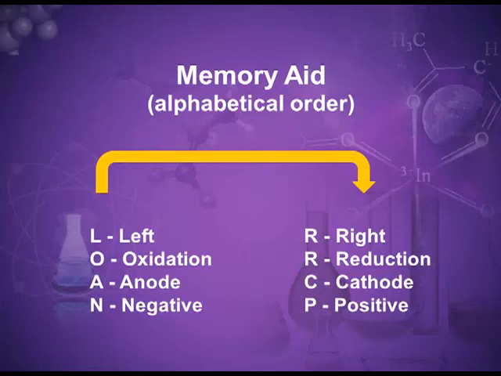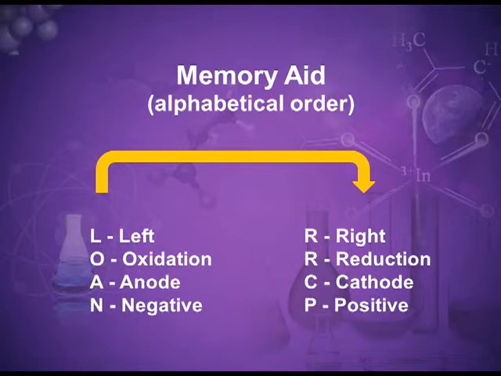Let me give you another memory aid. You can use either one. That is the alphabetical order. Both the sides are written on the screen and you can see L is left, then its counterpart is right, and we know that R always comes after L when we write the alphabets in sequence.